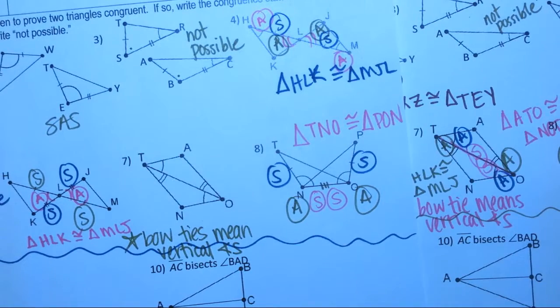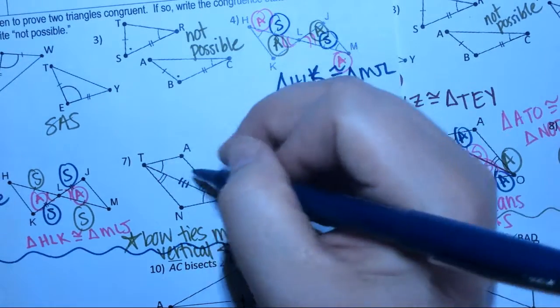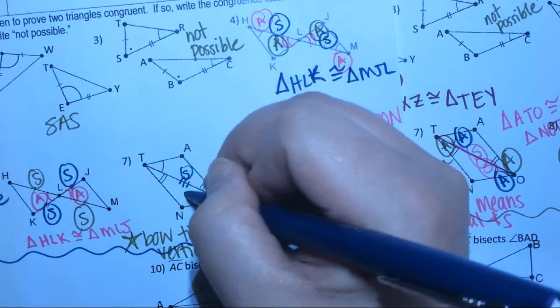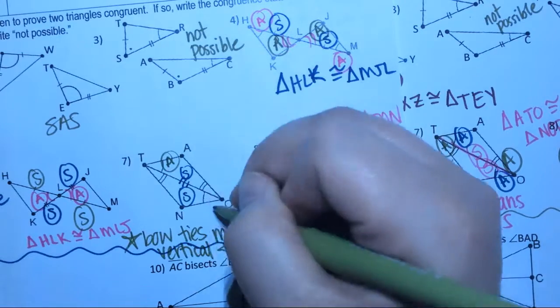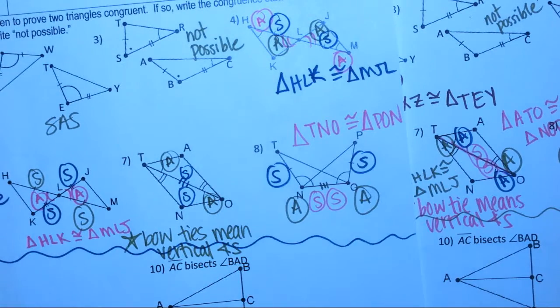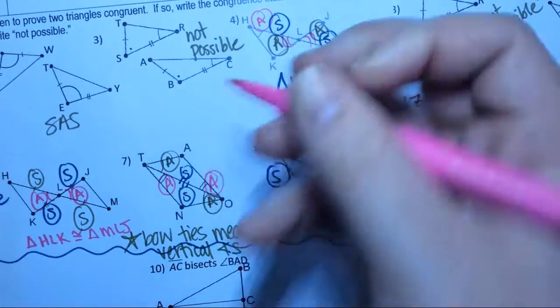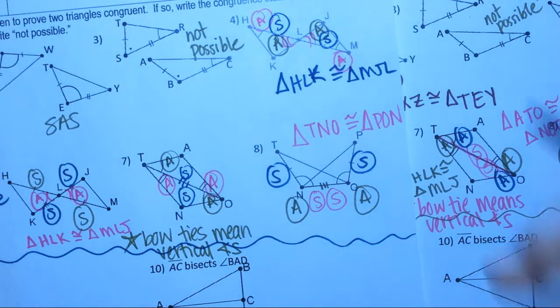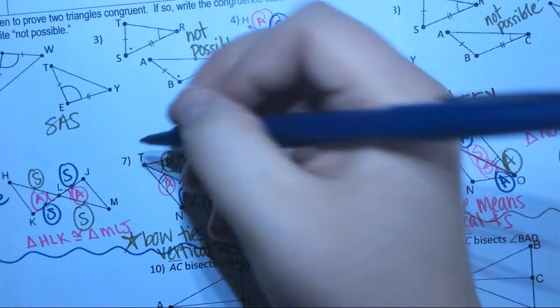And then last but not least, they share this side, so there's an S there, and the side is in between the 2 angles, so there's an A there, an A there, and an A with the 2 rainbows. Okay, I will stop talking if you can tell me the congruent statement to write. It is ASA.